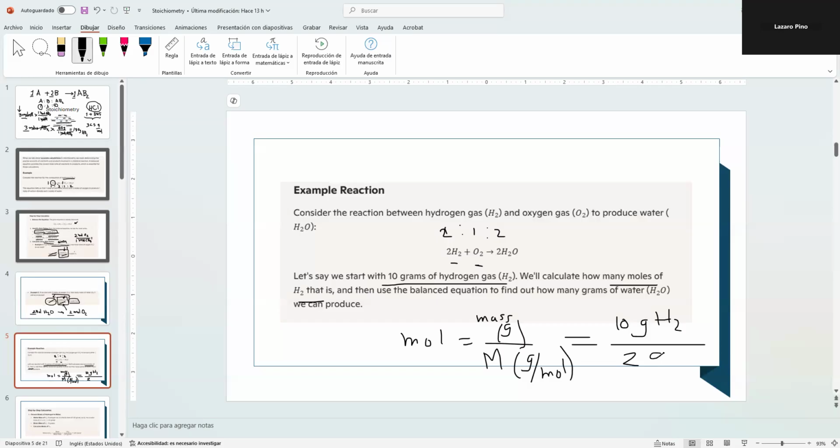Then the molar mass of dihydrogen is 2 grams per mole. Then you cancel grams with grams, and the answer will be in moles. 10 divided by 2 give you 5 moles of dihydrogen. This is the answer.